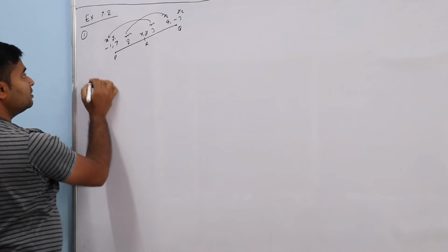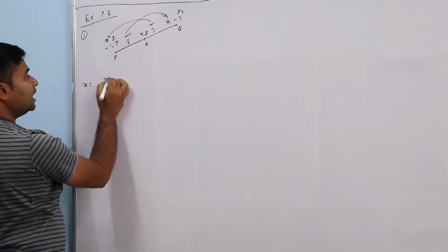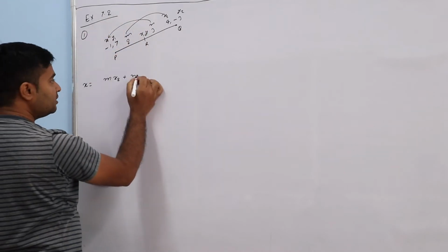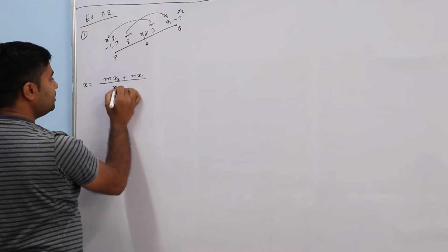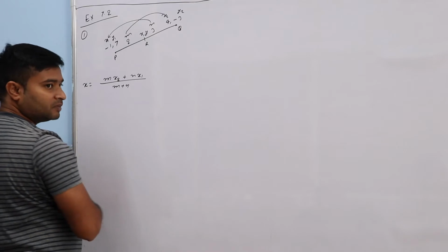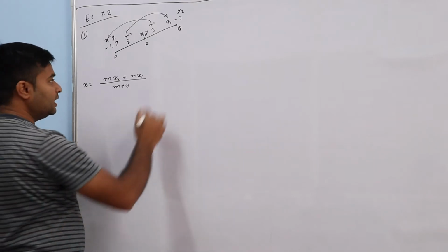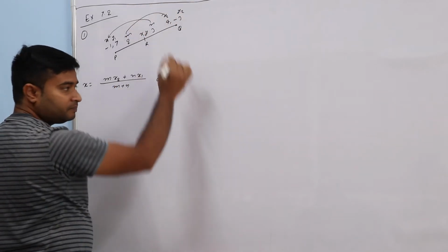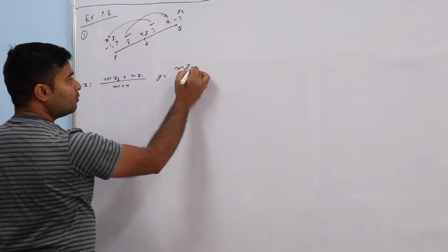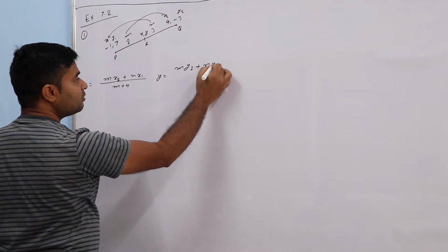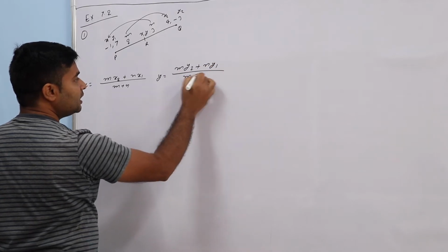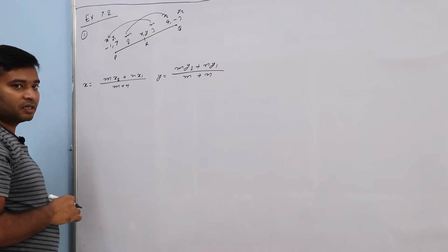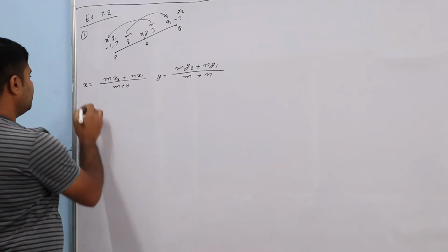X is equal to mx2 plus nx1 by m plus n, and y is equal to my2 plus ny1 by m plus n. Understood? Now just put the value.